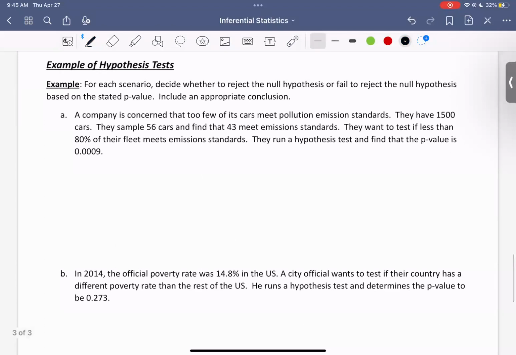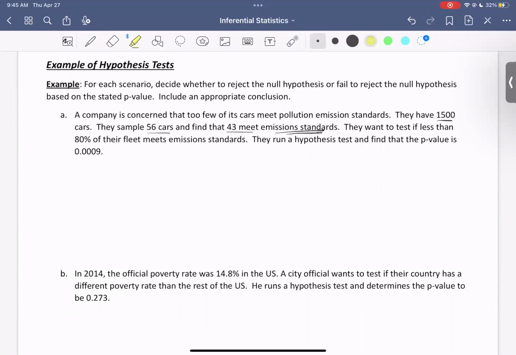So part A says, a company is concerned that too few of its cars meet pollution emission standards. They have 1,500 cars, so that's their total population. They sample 56 cars and find that 43 meet the emission standard. So we can make some highlights here.